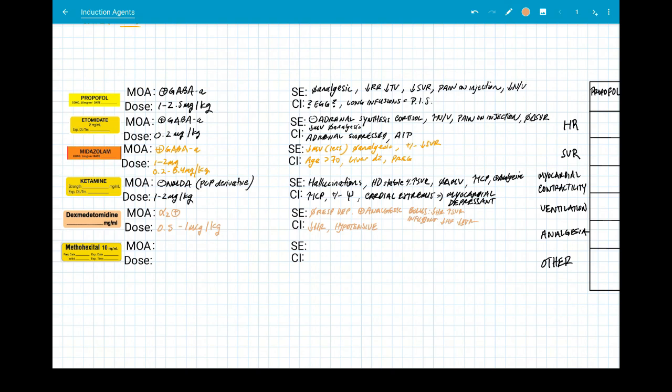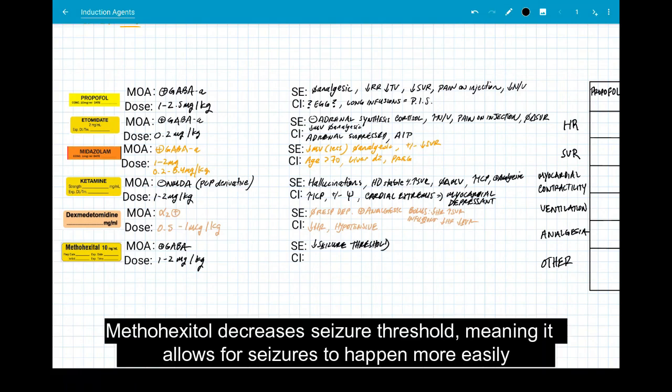Methohexital is a barbiturate that's frequently used in ECTs. It's a GABA agonist. Typically the dose is 1 to 2 milligrams per kilogram. Side effects, it decreases your seizure threshold, which is one of the reasons why it's used in ECT.